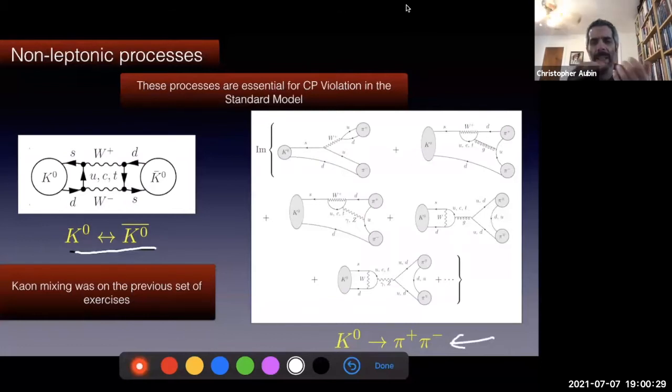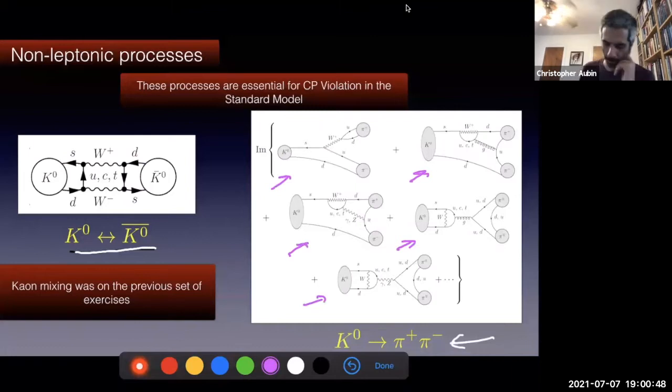You can see in this case there are lots of diagrams that can participate. These are just Feynman diagrams. Part of your exercises will be to look at the possible quark contractions you need to look at on the lattice.